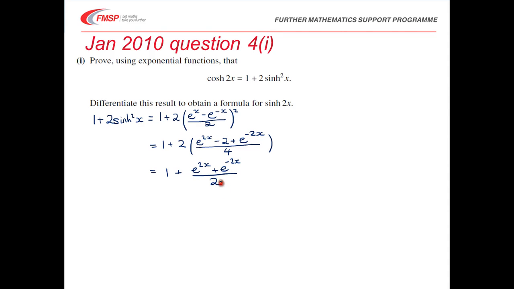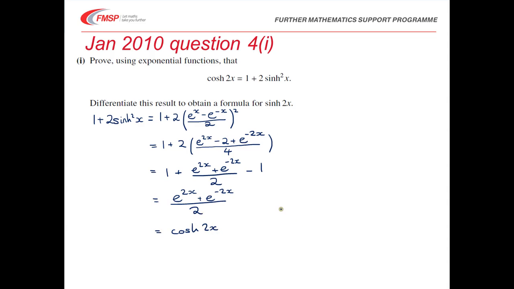That was 2 of those over 4, and then we'll take the minus 2 out separately. Minus 2 times 2 divided by 4 is minus 1. So that cancels with the 1 at the beginning, and we end up with e to the 2x plus e to the minus 2x all over 2, which of course is cosh of 2x.